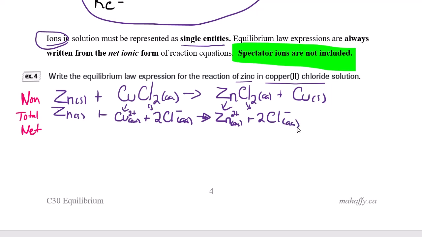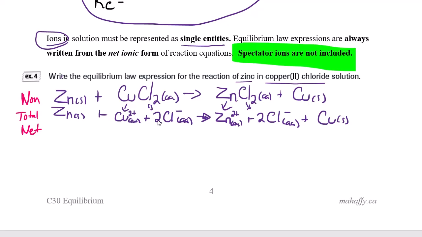So remember a couple of things. People always, when they do total and net, they like to give these solid entities charges. Does not have a charge. My copper is not charged. My zinc is not charged over here. It's just these ionic compounds, because they are ions, they do have charges. We just don't write them when we show them as a compound. Second thing is I need to identify my spectators.